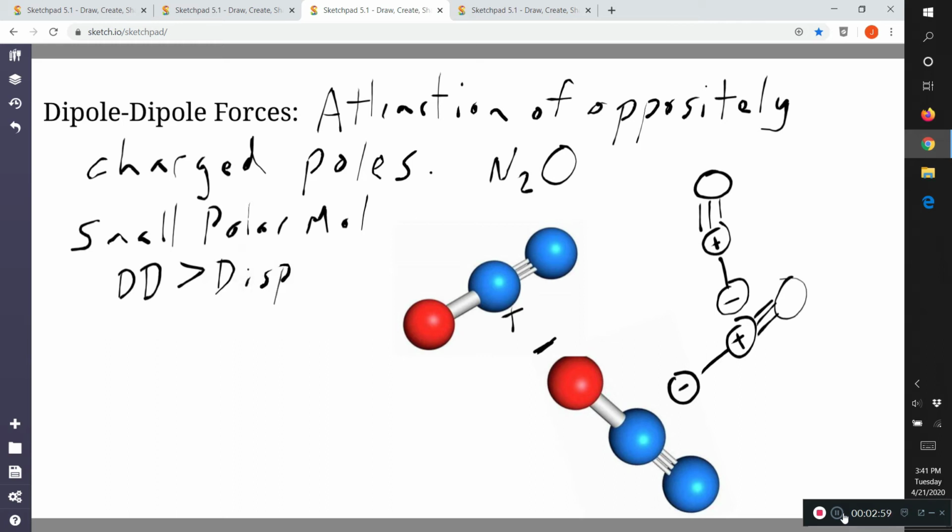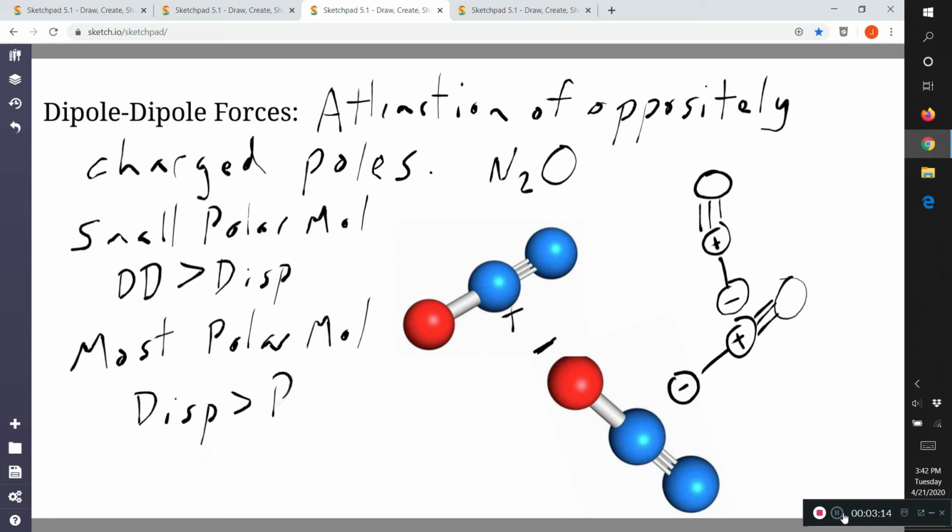But for most, once you get up to a decent size, and there's a lot of factors here, but for most polar molecules, dispersion forces are greater than dipole-dipole. So you have to be real small with very particular qualities for that to be true.